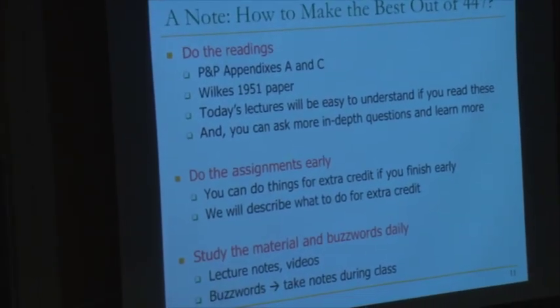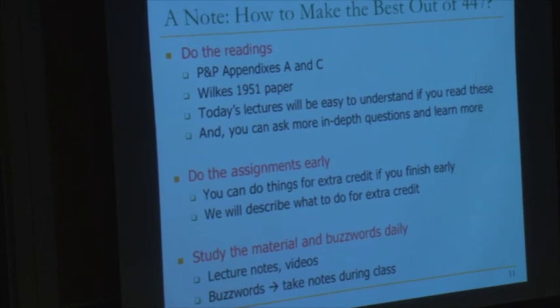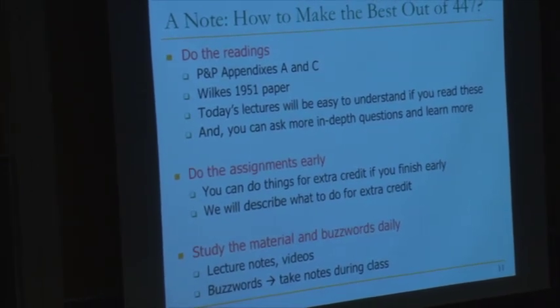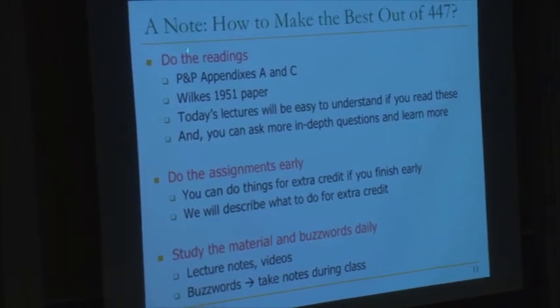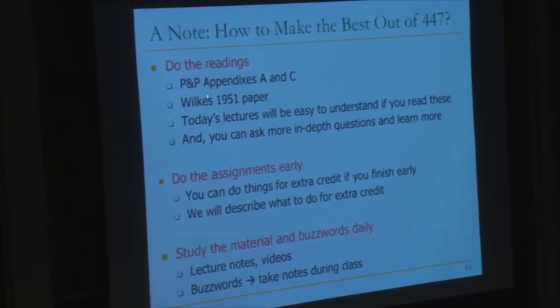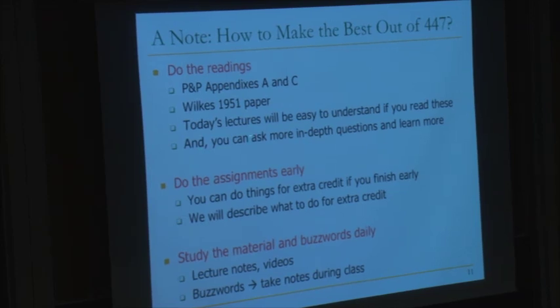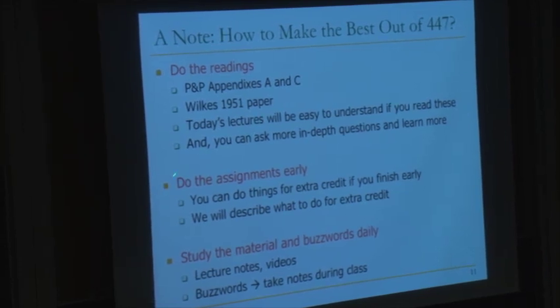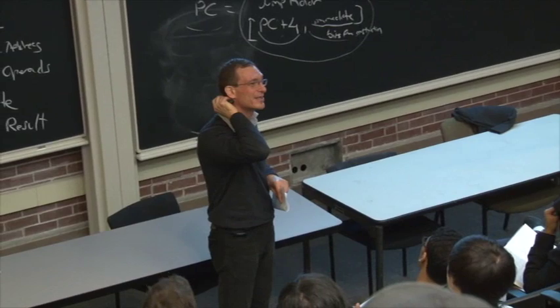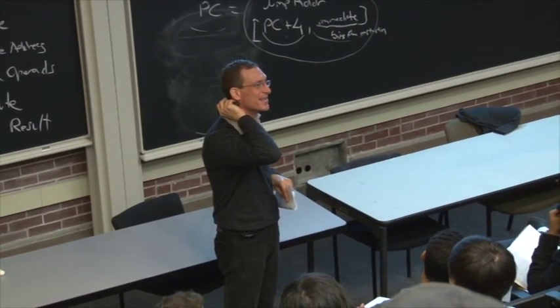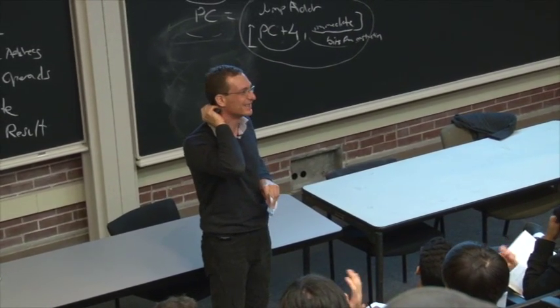I guess before I jump into today's lecture, I'd like to tell you how to make the best out of 447. Some of you asked me about this. Doing the readings would be useful, certainly. This week's lectures will be easy to understand if you do the readings. Actually, how many of you have done the readings? Appendix A and Appendix C. Be honest, right?